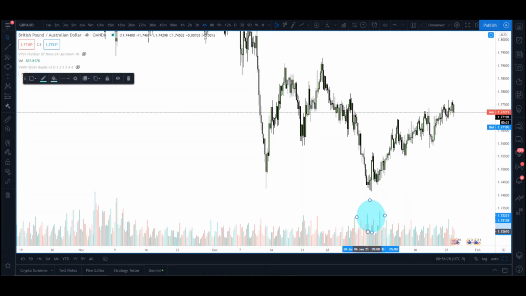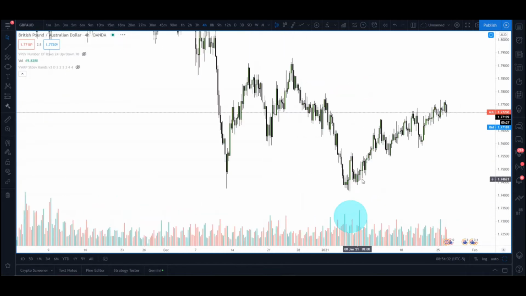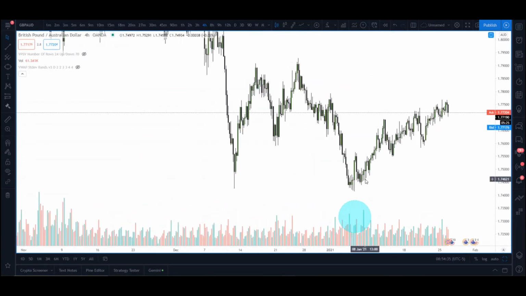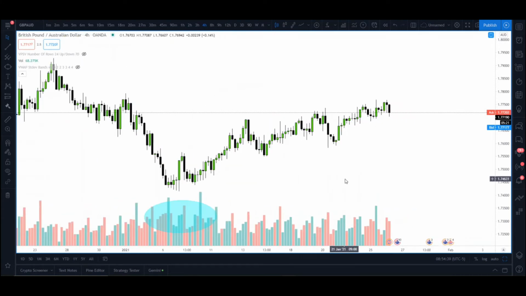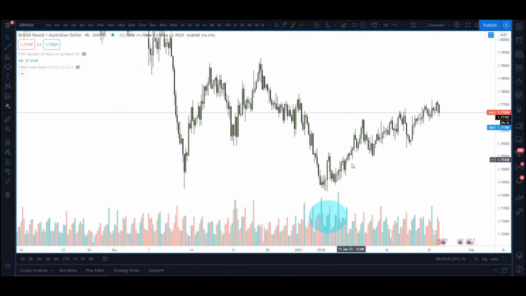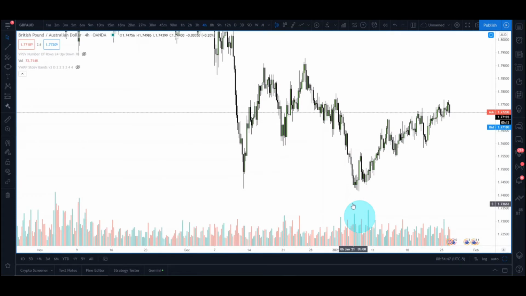You see where there's a large volume spike? That right there is letting me know that's where I should be drawing my order block, my supply zone, my support zone, my resistance zone, whatever zone you want to call it. That's where I'm going to draw it, because this is telling me large orders, the volume.